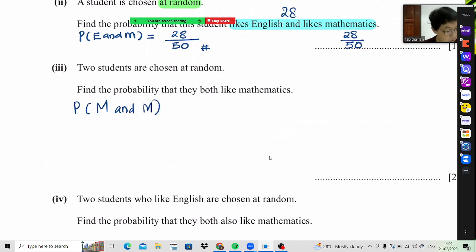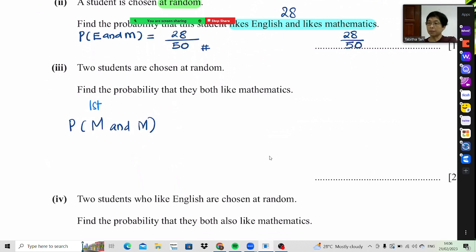Also, in order to make it easier for us to learn, I will put this as the first pick, and then you set a student aside, then you go back to the crowd again, and then you pick the second time.